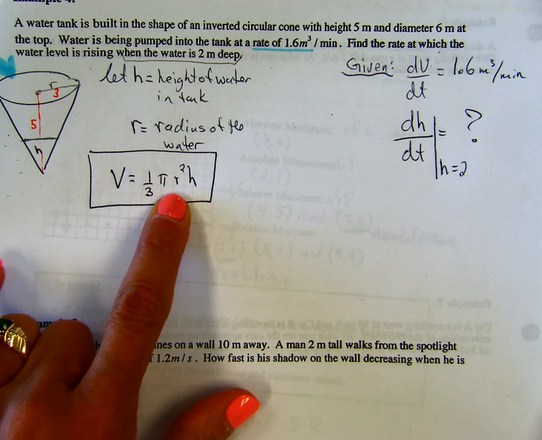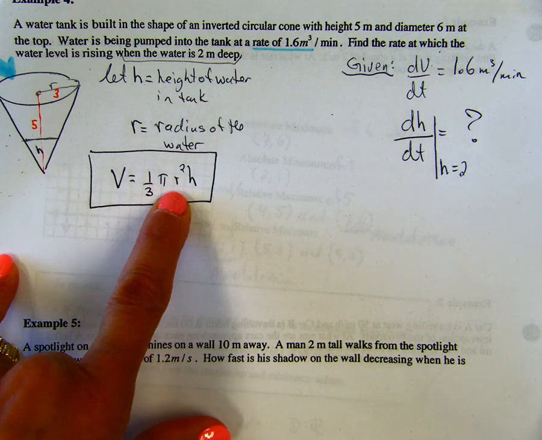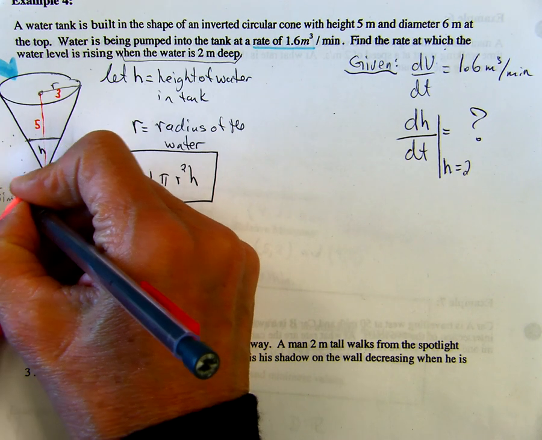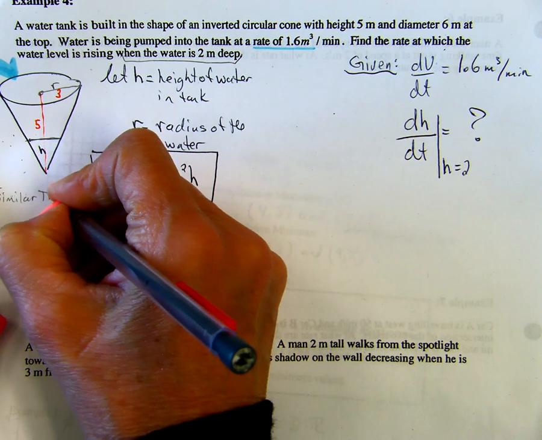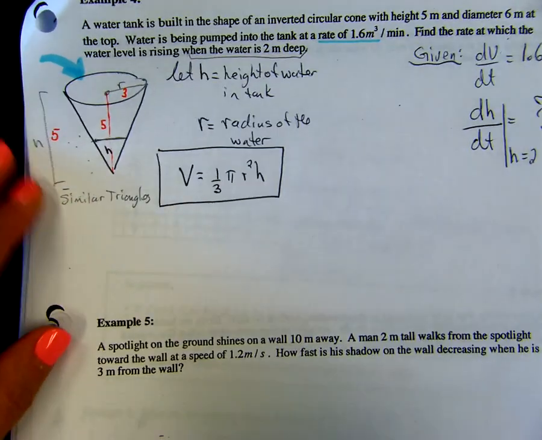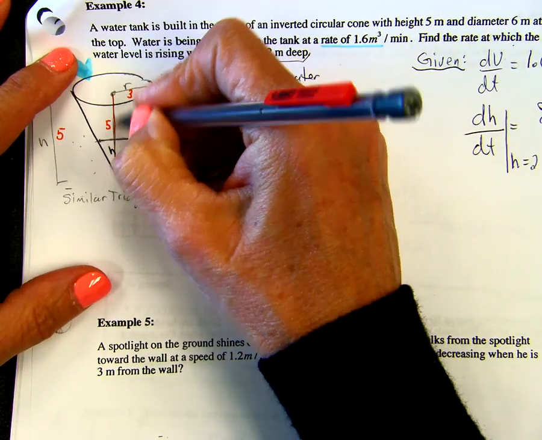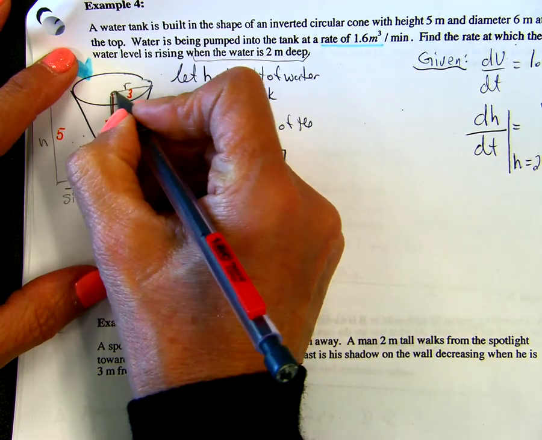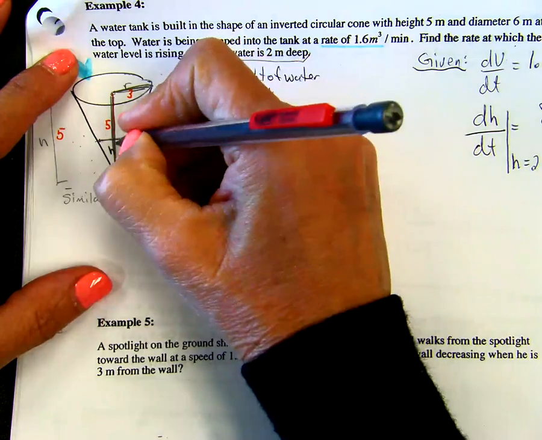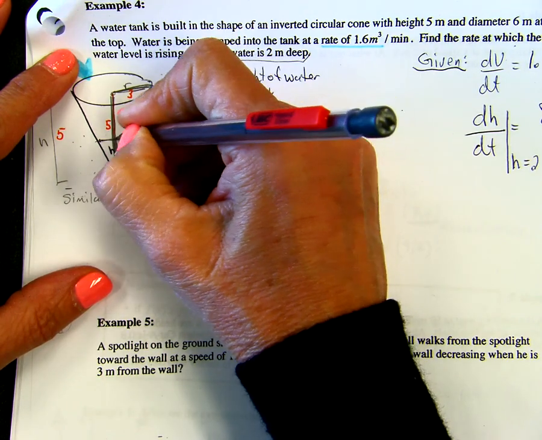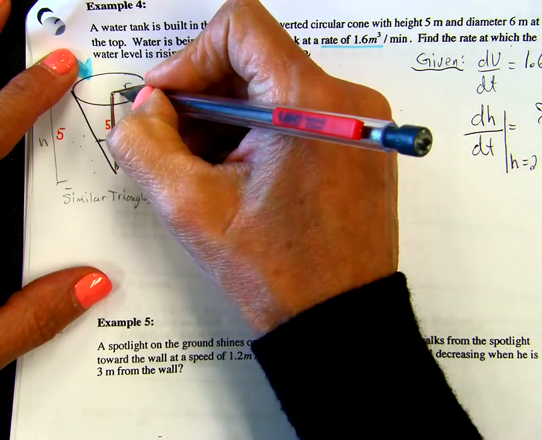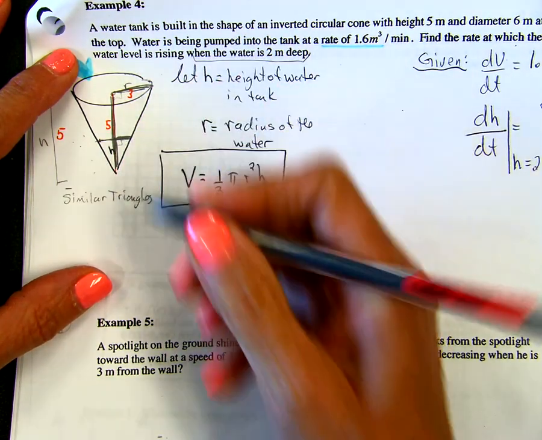So before you start making this way harder than it needs to be, do you see that you have some similar triangles in this cone. That is 5, the height, is to 3, the base, what the height is to the radius. So we've got this right angle, right angle.